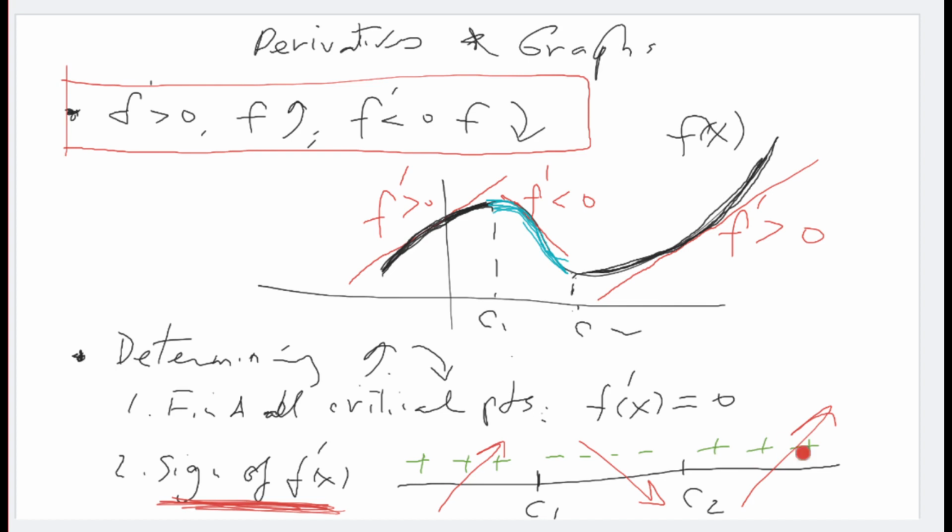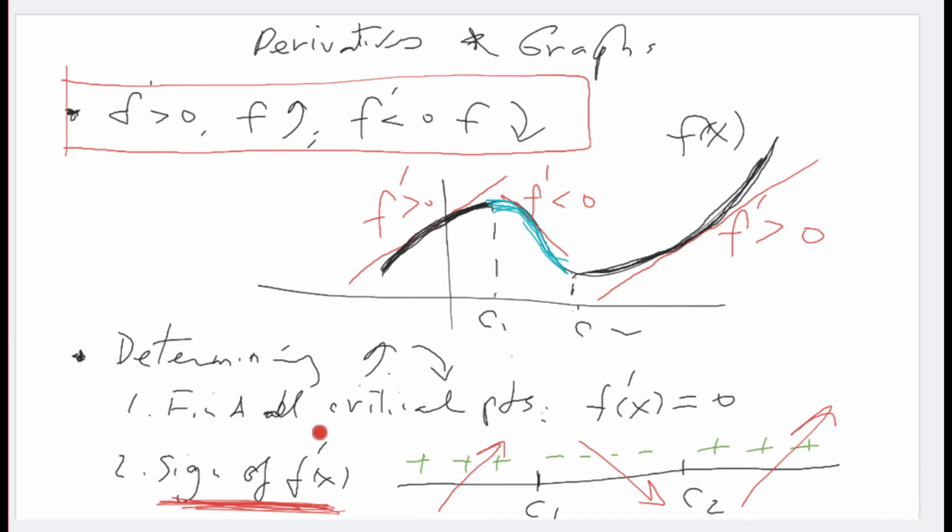Similarly, say it's positive here. This is just a hypothetical illustration of a sign chart. It could be positive and positive, and here become negative. Whatever sign chart you come up with, you're going to determine accordingly.